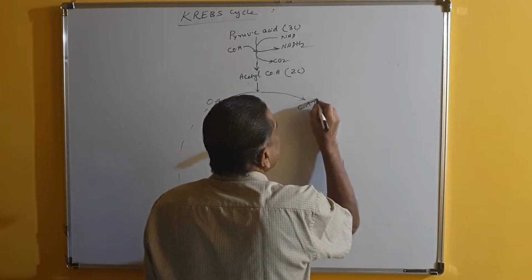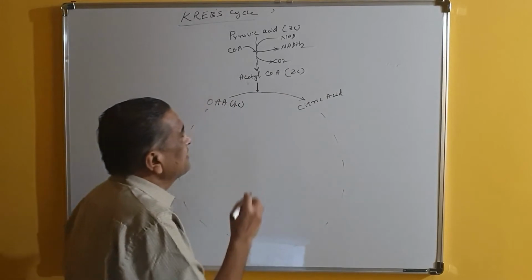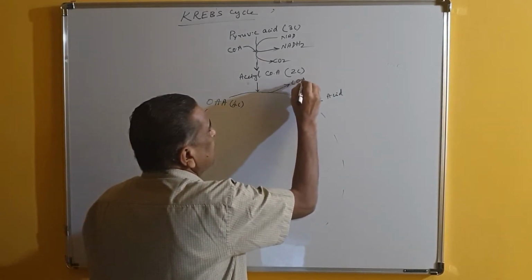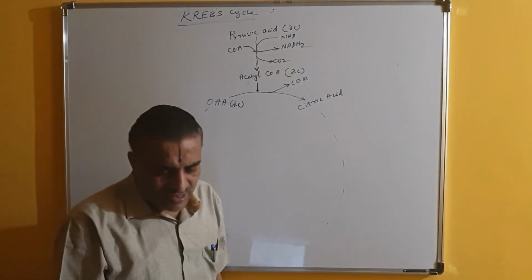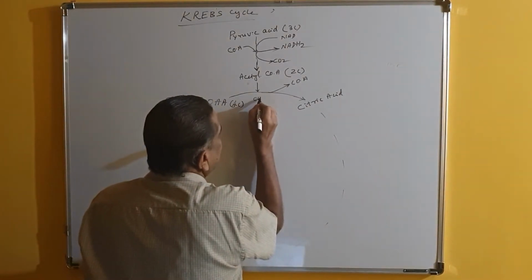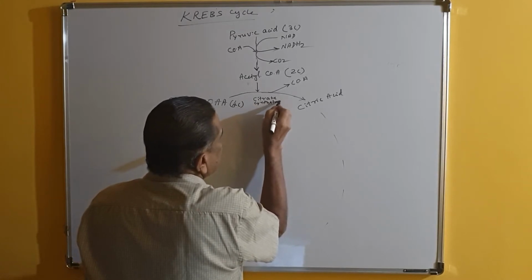one important thing, citric acid. It is producing citric acid, and here one molecule of coenzyme A is liberated. The enzyme required here, very important, is citrate synthetase.